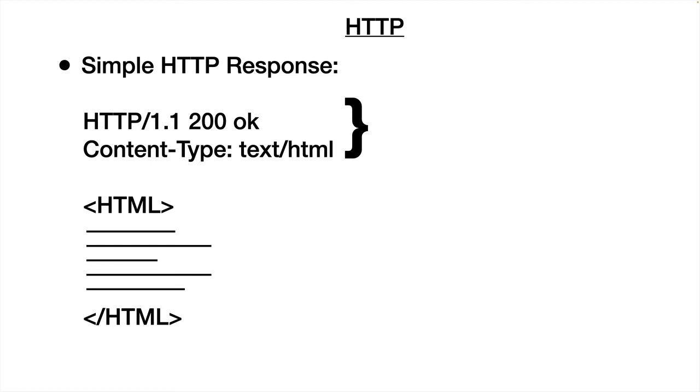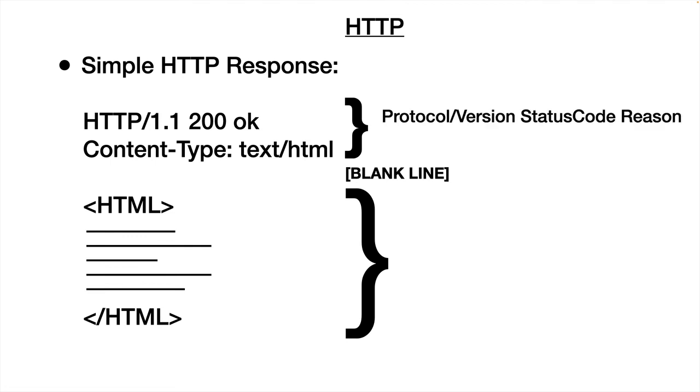So you have the HTTP response header, then you have a required blank line, and then you have the HTTP response body. Going back and looking at these a little more in detail, the first line is protocol/version, and then it has something called a status code, and then it has a reason, and the reason is really just a text version or explanation of what the status code is.